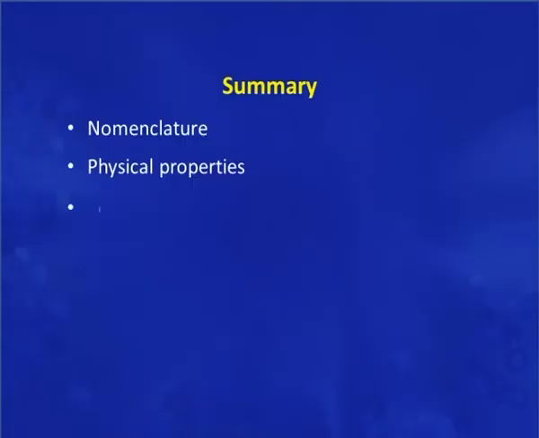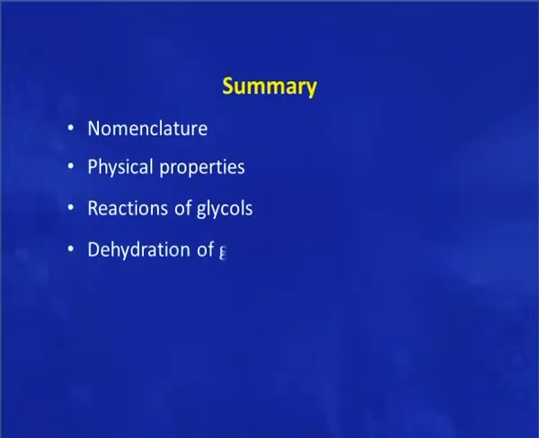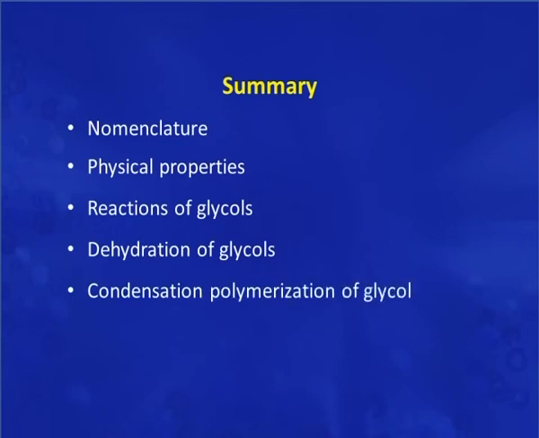Then we have discussed the reactions shown by glycols: the reaction of glycol with PCl3, with PCl5, with PI3. We have also done the dehydration of glycols, the condensation polymerization of glycols, and the oxidation and oxidative cleavage of ethylene glycol.